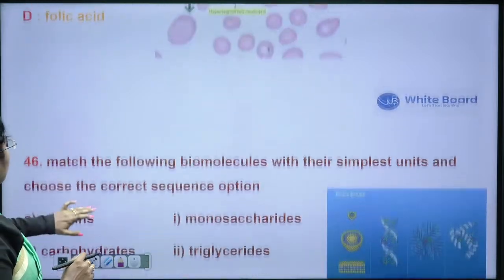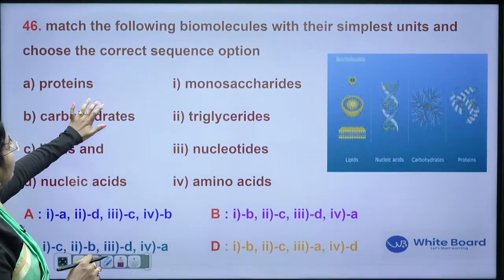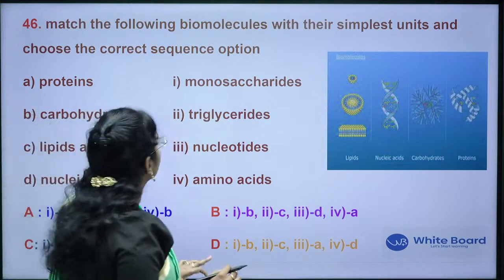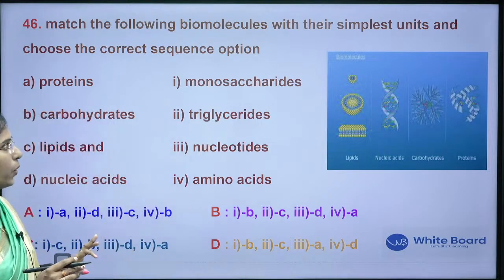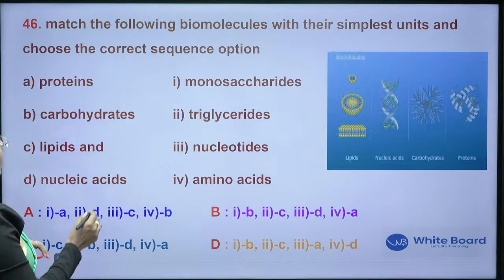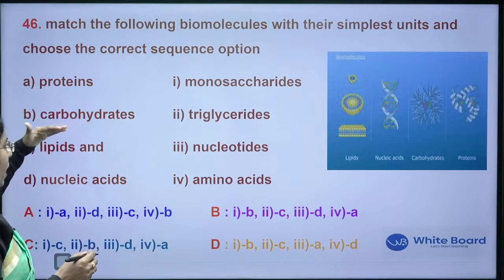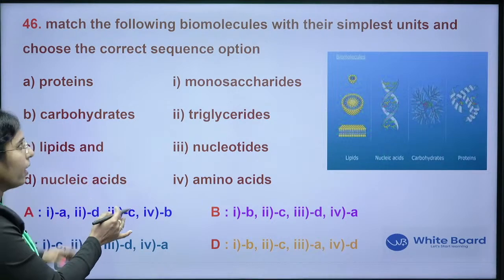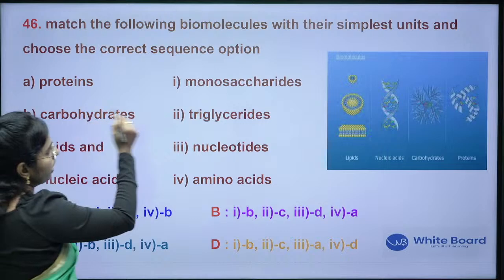Coming to the next question, match the following biomolecules with their simplest units and choose the correct sequence option. Here they have given proteins, carbohydrates, lipids and nucleic acids. What are the building blocks of these?